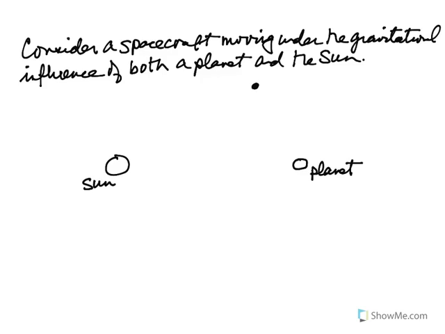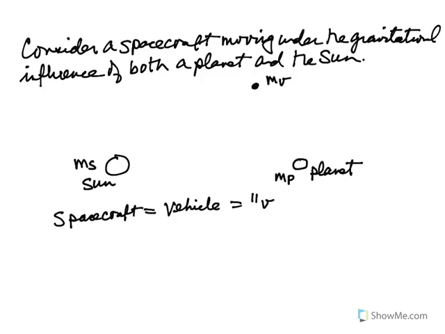Now the mass of the sun, I'm going to denote as m sub s. The mass of the planet, I'm going to denote as m sub p. And the mass of the spacecraft, I'm going to denote as m sub v, because the spacecraft is going to be equivalently denoted as the vehicle, v.